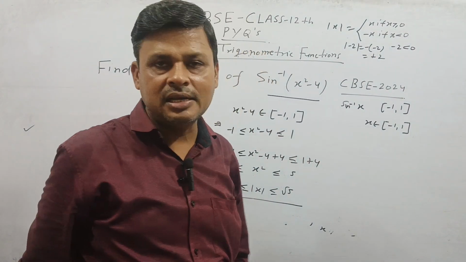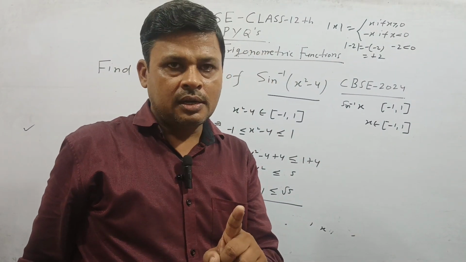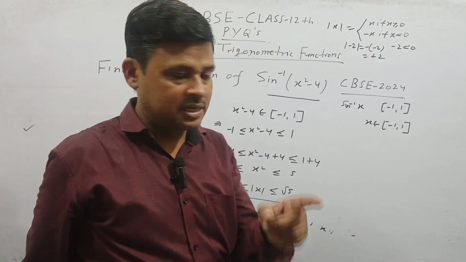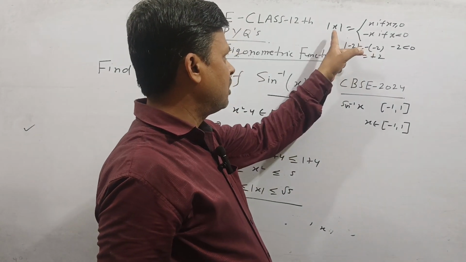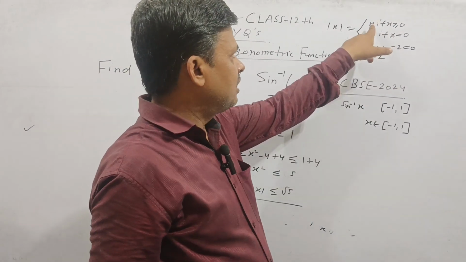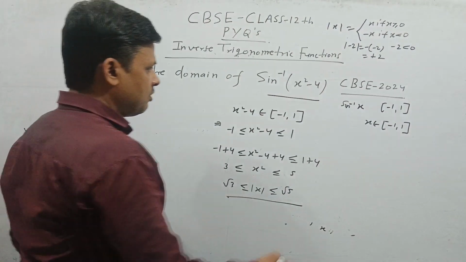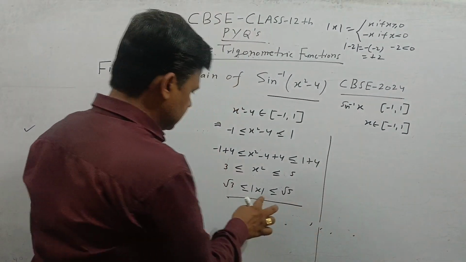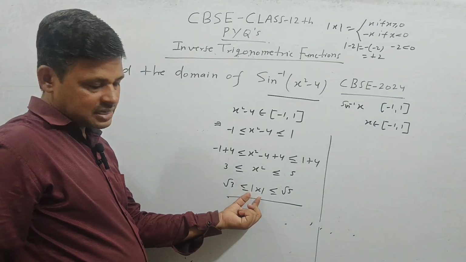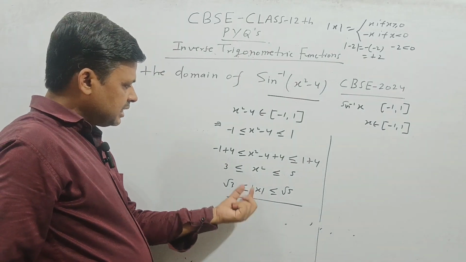So mod of any quantity is either 0 or positive; it will not be negative. But when we write this definition, we use it in this way. In the same manner, we will use the definition in these circumstances.